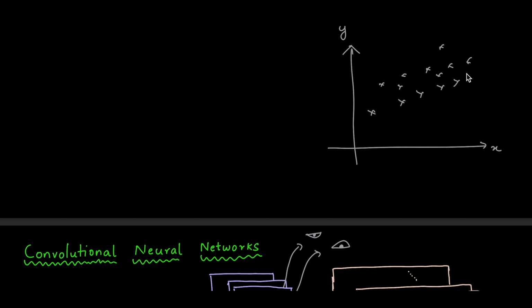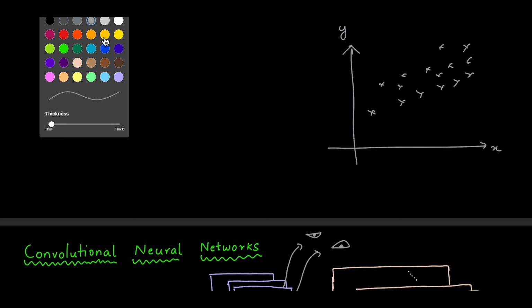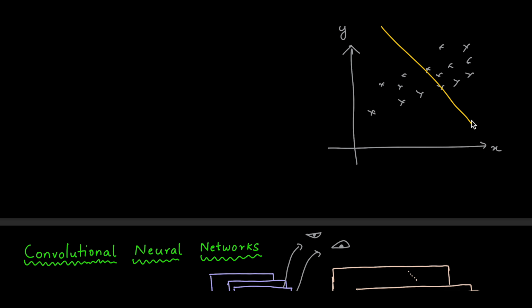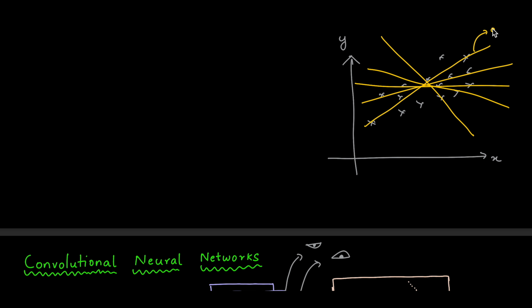For such data points, the model initially draws some random line, and after checking the loss and going through the optimizer, it is slowly adjusted like this and finally reaches the optimal line. So let's say this is the optimal line. Slowly the initial random line will get adjusted to the optimal line, right?